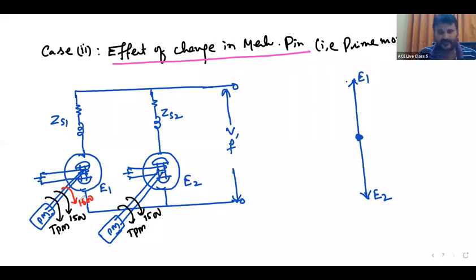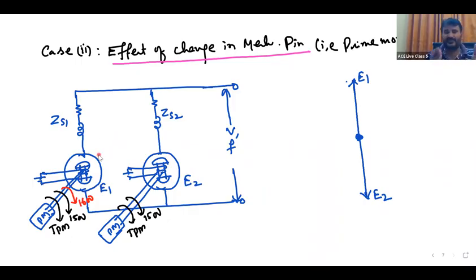So the first machine is rotating faster, meaning its frequency is increased.